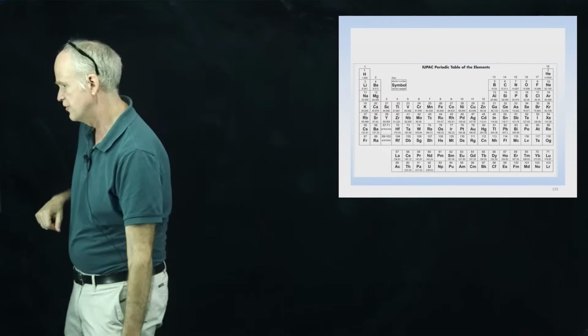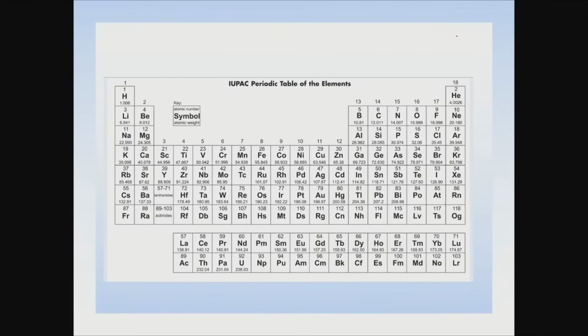So I'm going to work over here now for a few moments. The first thing I want to do is figure out where phosphorus is in the periodic table and how many electrons it has. It looks like here is phosphorus and it has 15 electrons. So I want to write an abbreviated electron configuration for phosphorus. First I have to identify the noble gas that just precedes it in terms of electron number.